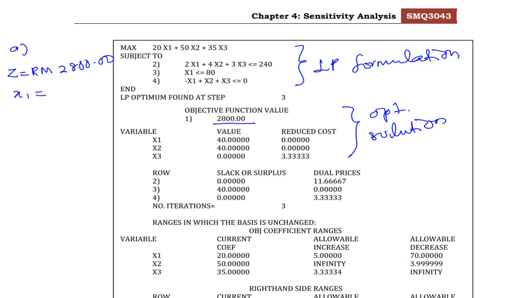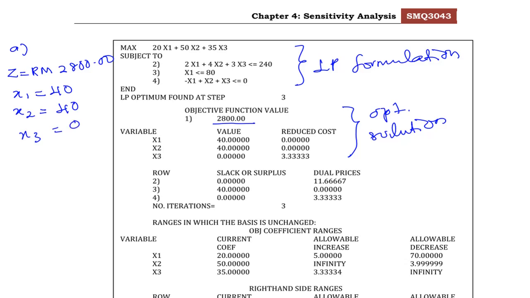X1 equals 40, and x2 also 40. x3 equals 0.